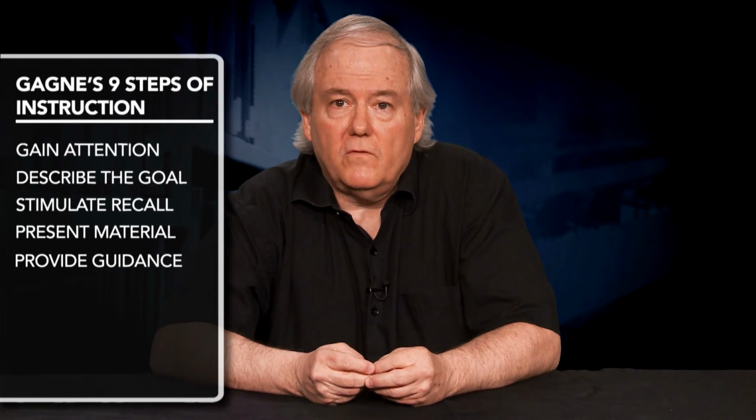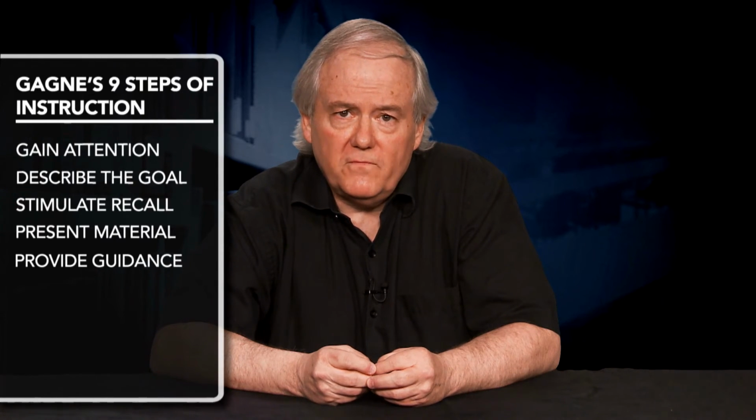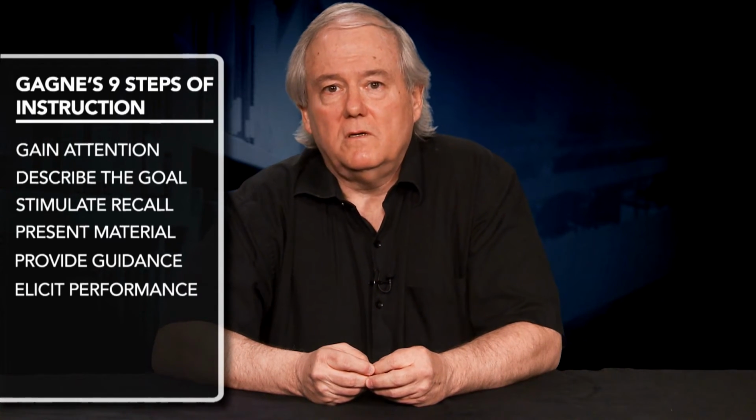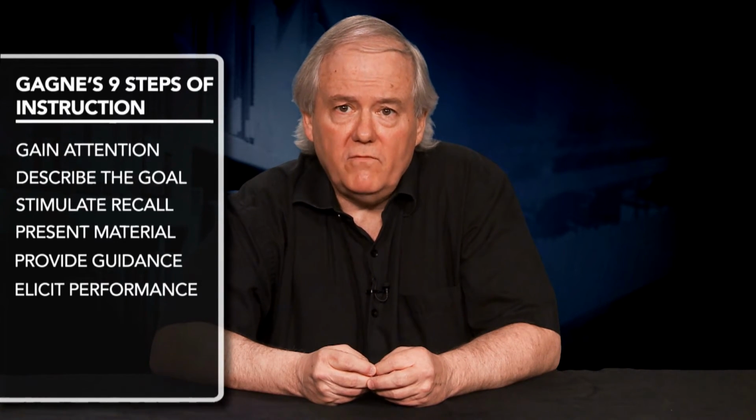Number 5, provide guidance for learning. Presentation of the content is different from instructions on how to learn. Use a different channel, for example, side boxes. Number 6, elicit performance practice. Let the learner do something with the newly acquired behavior.